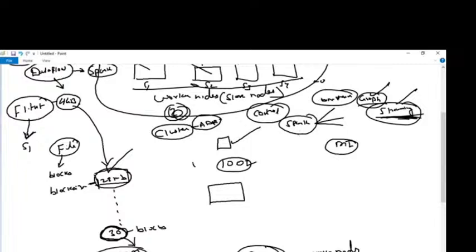You know why Spark is preferring Python today? Python is the mostly used language for implementing machine learning, deep learning, right?